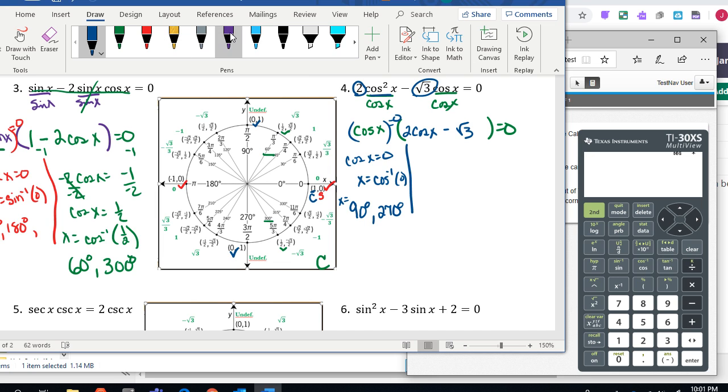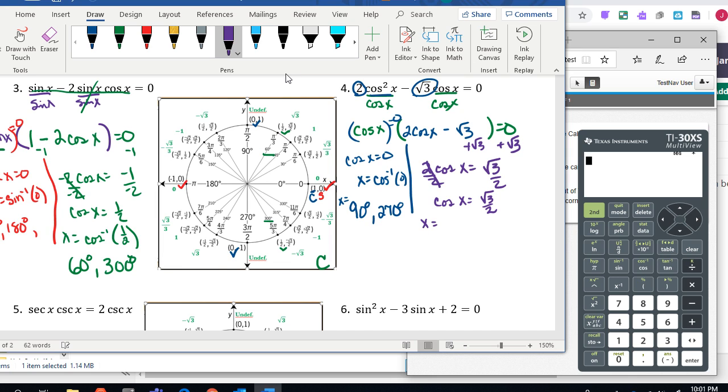On this other side, I'm going to add square root 3. And I'm going to have 2 cosine x equals square root 3. Divide by 2. And I get cosine x equals square root 3 over 2.